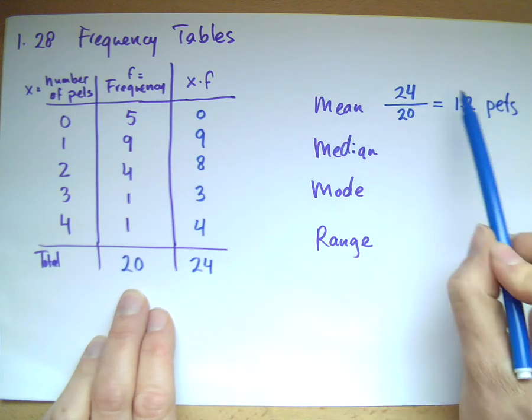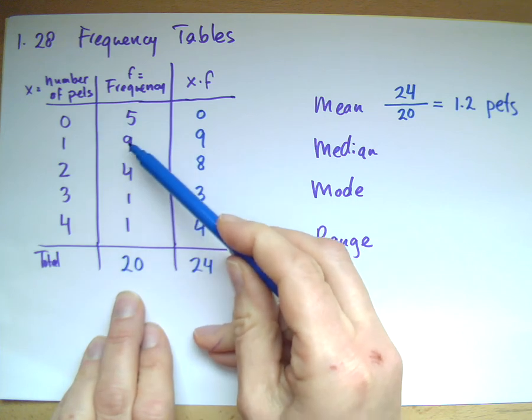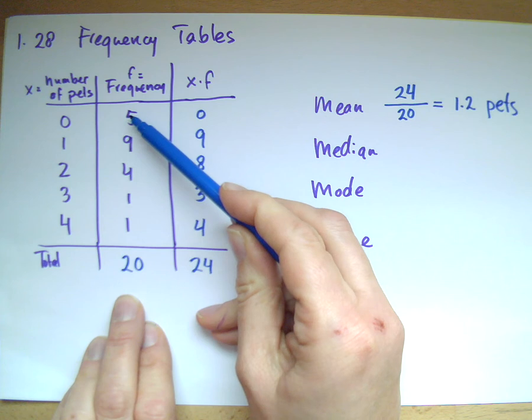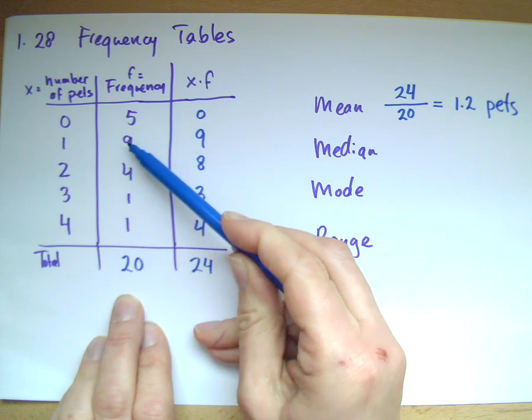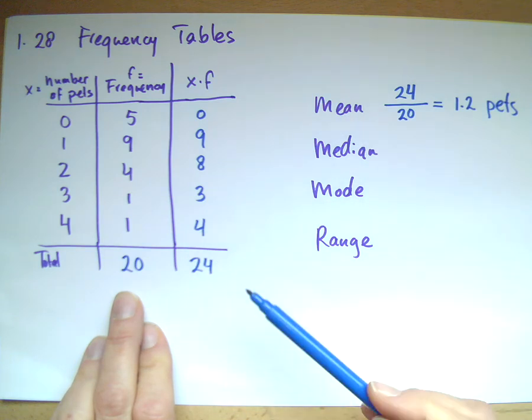So the mean number of pets is 1.2, which seems reasonable. Like most people have 1, some have 0, some have 2. Altogether it's a little more than 1 on the average mean value.